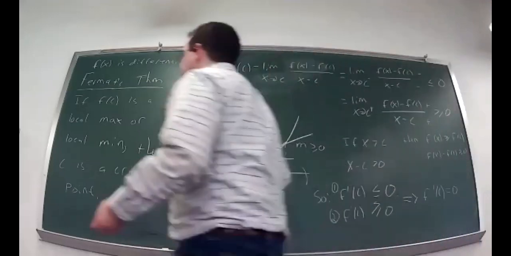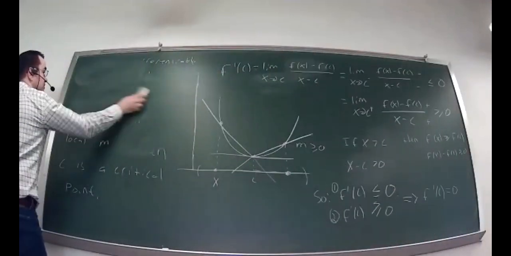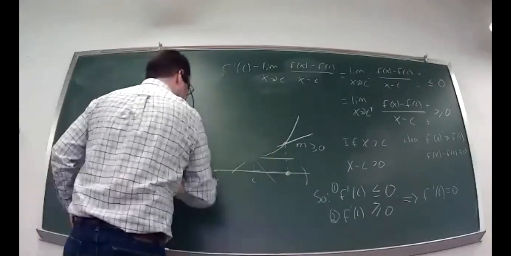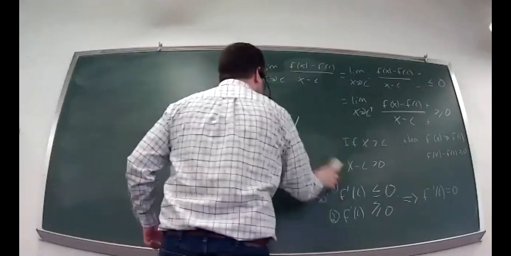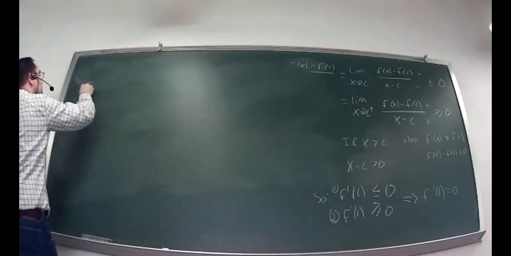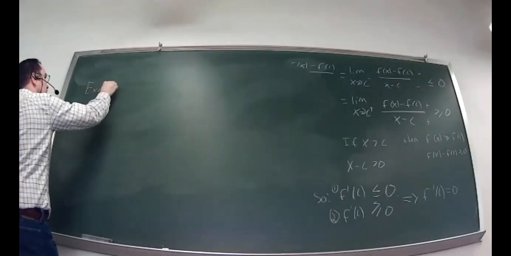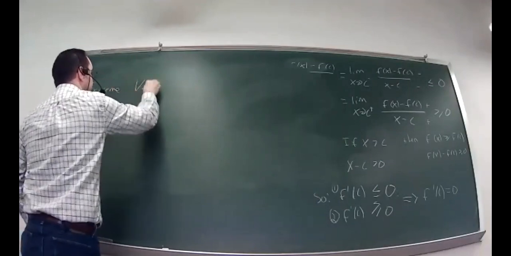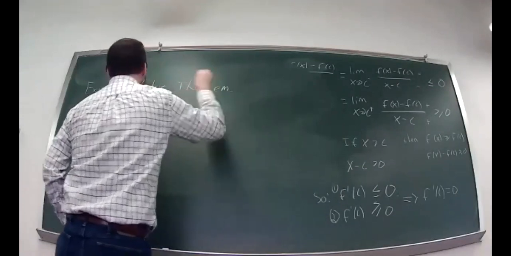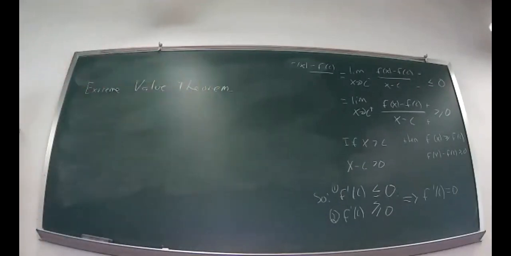And from this, you can make a conclusion that, again, we've already seen on Desmos. This people call the extreme value theorem. Extreme value theorem doesn't mean that you're going to the Costco and getting an extremely good value.